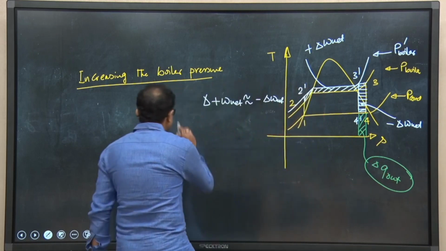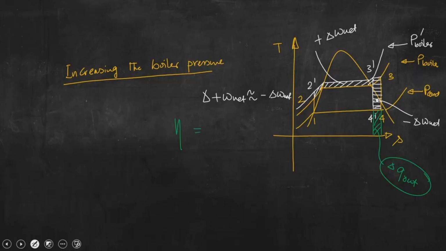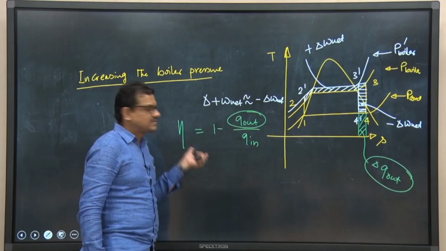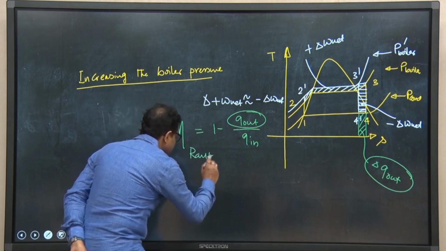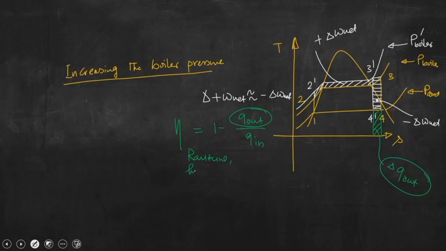You know that efficiency is nothing but 1 minus Q out divided by Q in. If we can reduce this quantity by having this special method, then we can increase the efficiency of the cycle. So, eta Rankine with higher boiler pressure will be greater than eta simple Rankine.